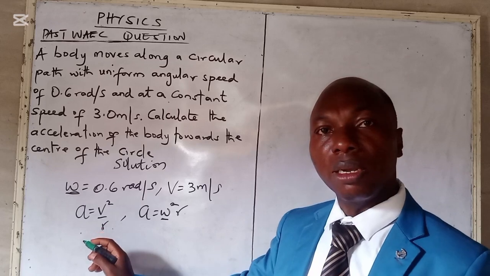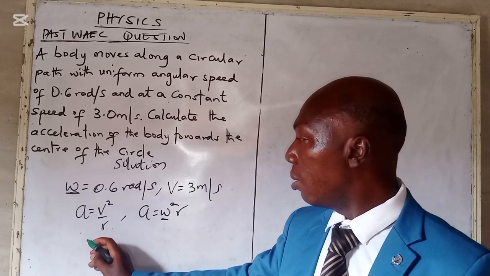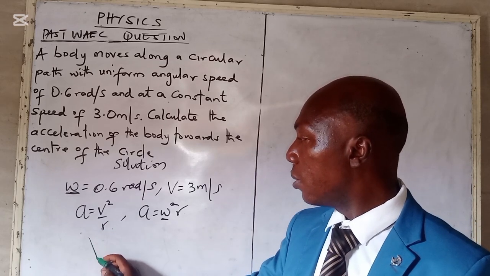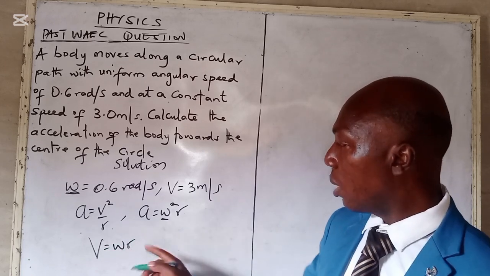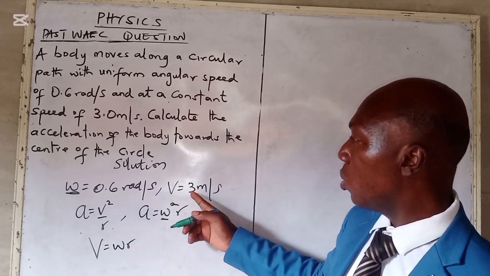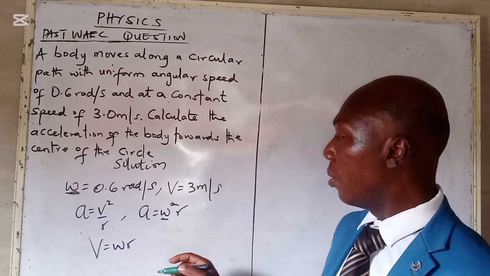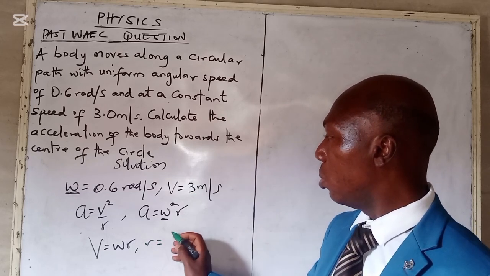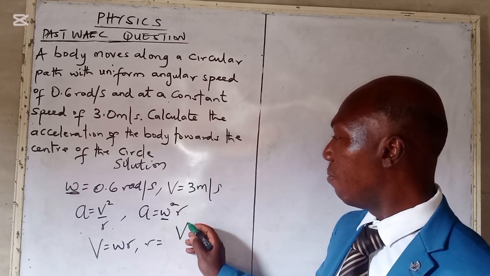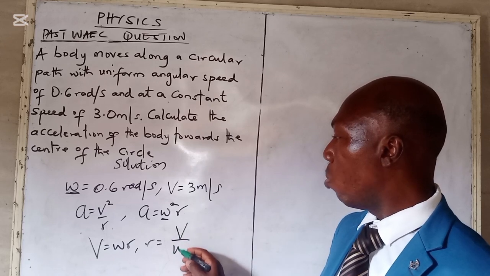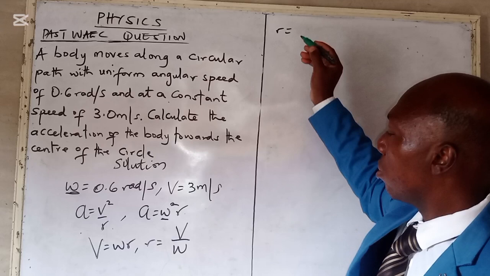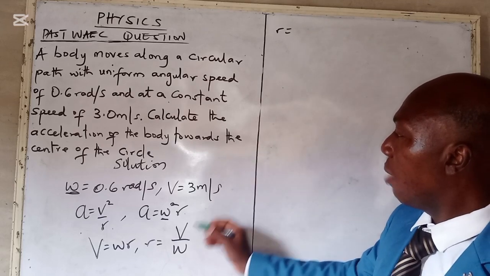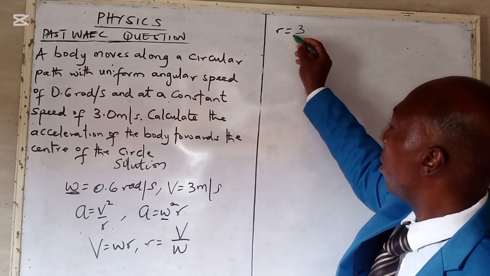But we can calculate our radius, because velocity is omega r. So we can now calculate our radius since we know the linear velocity. So radius will be linear velocity over omega. Our linear velocity is 3.